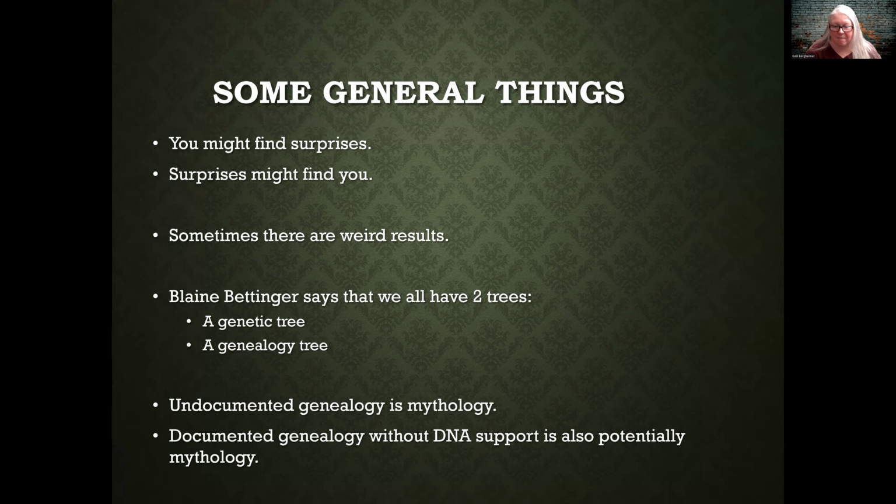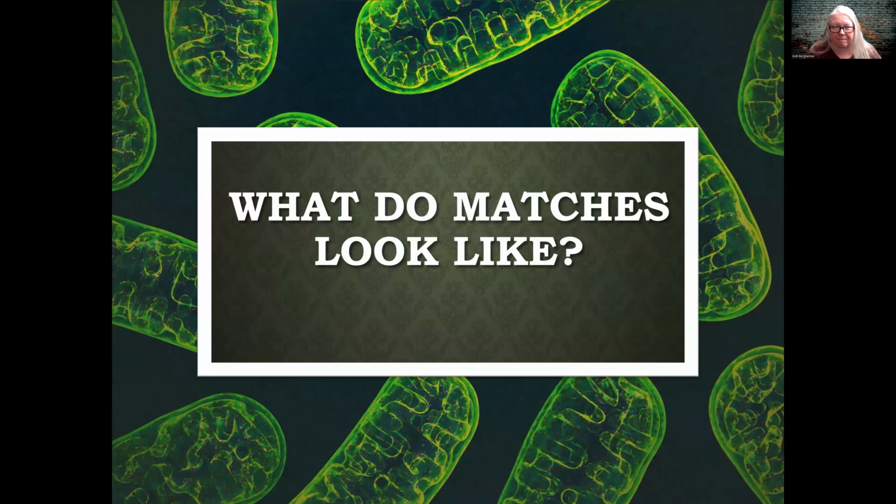We need to document. And documented genealogy without DNA support is also potentially mythology. So what we think we know about the mitochondrial or matrilineal line in our tree, it could actually be wrong. And so mitochondrial DNA might help us suss that out as well.